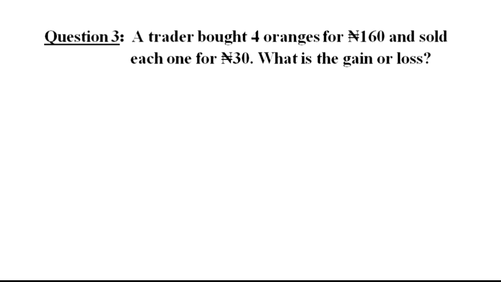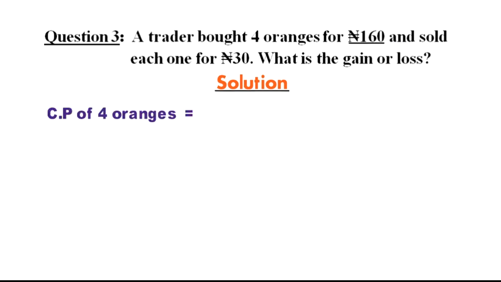Question 3. A trader bought 4 oranges for 116 naira and sold each one for 30 naira. What is the gain or loss? This question is different from the first 2 questions we solved. Let's solve it together. To solve this question, we need to write out the parameters. A trader bought 4 oranges for 116 naira. Therefore, the cost price for the 4 oranges is 116 naira.